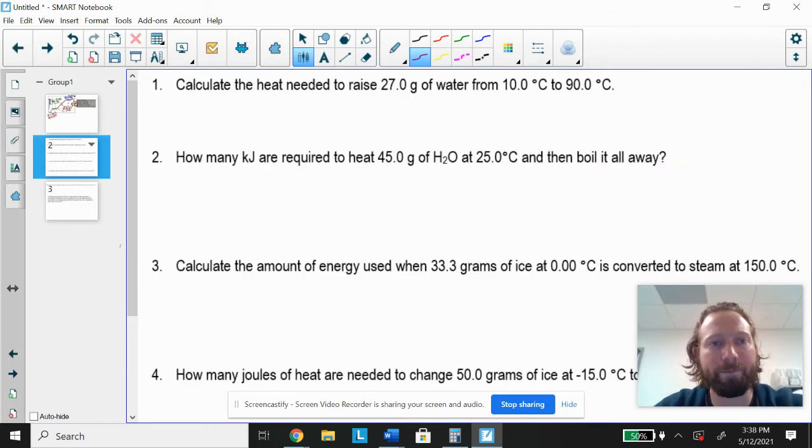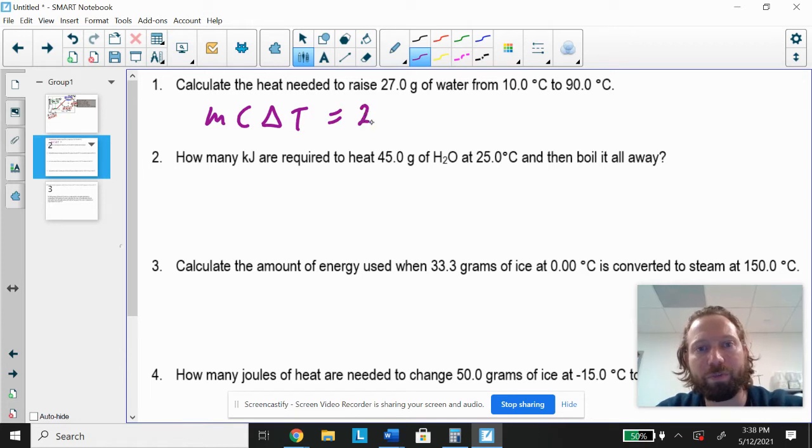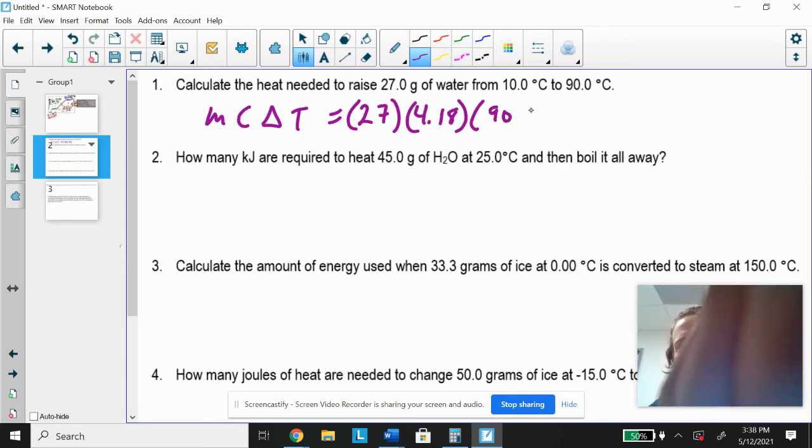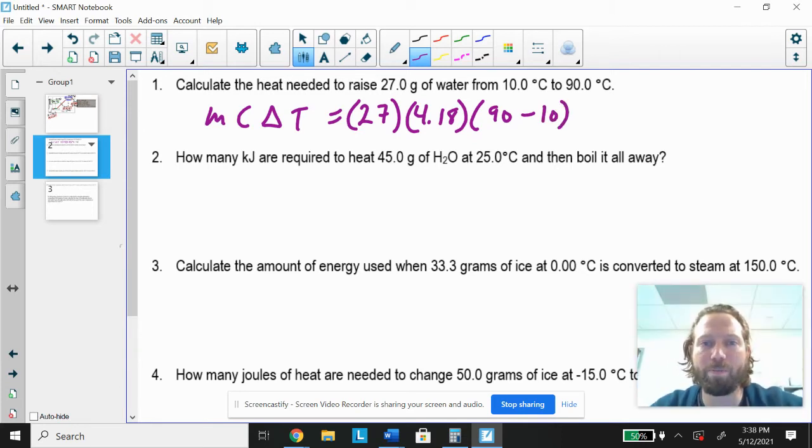So let's try that. So m times c times delta T. This is equal to the mass, which is 27 grams, times C, which is 4.18 for liquid water, times the change of temperature. Now, the change of temperature is final temperature minus initial. In this case, the final temperature is 90, and we started at 10. So 90 minus 10.